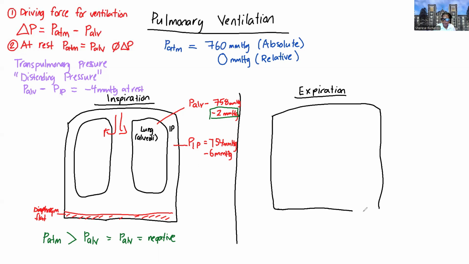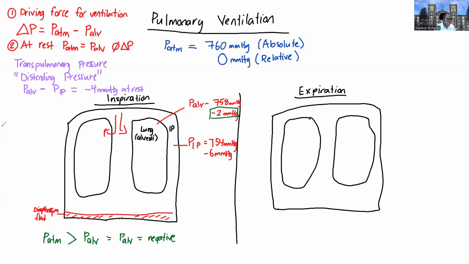Okay, so our thoracic cavity, our lungs, and then now we can actually draw our diaphragm relaxed. During expiration, we know the diaphragm is curved in its dome shape, curved upward, right, which means it's relaxed.